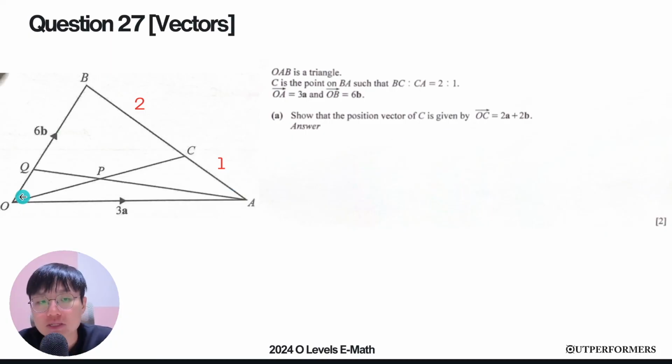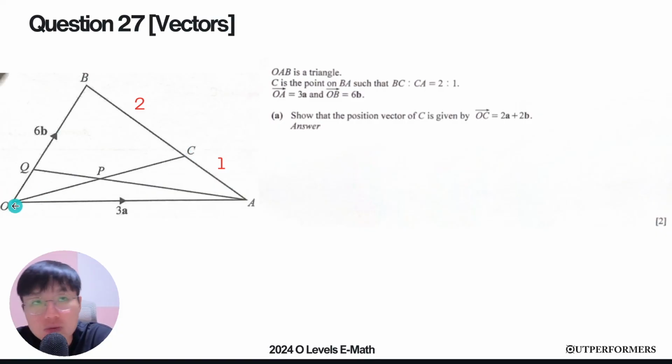So take a look. When it comes to vectors, I always tell my students, we think about it as ourselves doing a walk from one point to another. So if I want to find OC, it's like us walking from home to school. What are the other routes I can take to walk from home to school? Because the thing is, we have no information here.